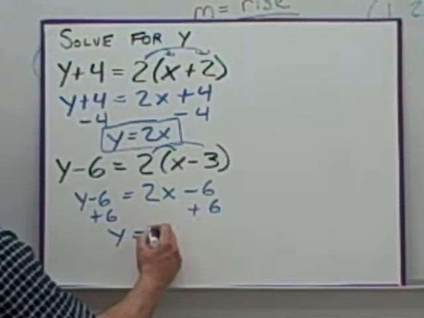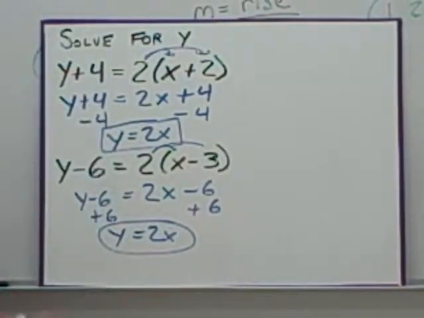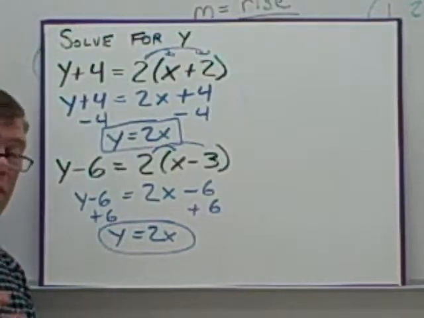You get y is equal to 2x. Surprise, surprise, they are the same. So although they look different, those two equations are the same. And that's why we can have two answers when we work with this solution. When you work with this as the equation form, you could have two possible answers that are both the same.